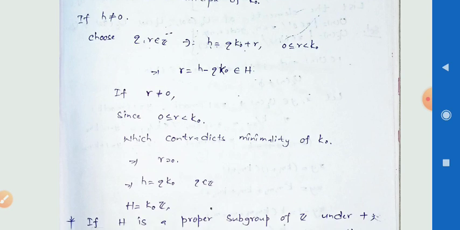If r is equal to 0, then the equation becomes h is equal to q into k naught, where q belongs to Z. Therefore H is equal to k into Z. Here the subgroup H must be k into Z.